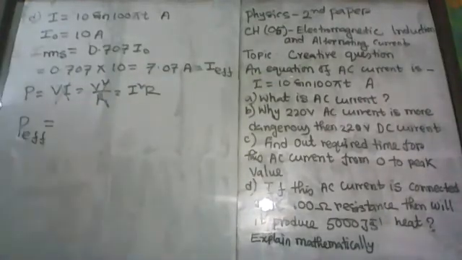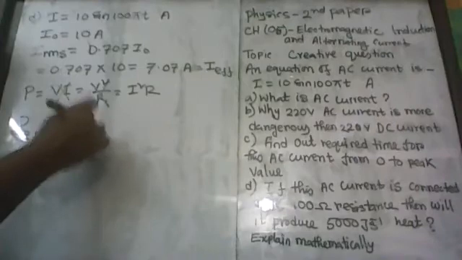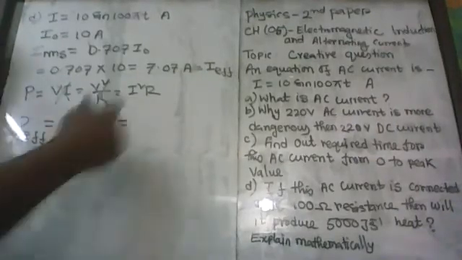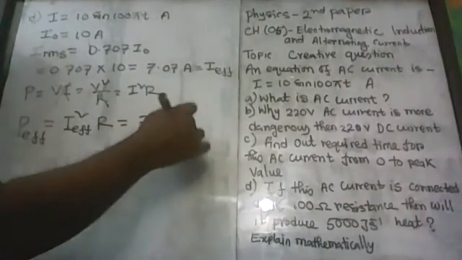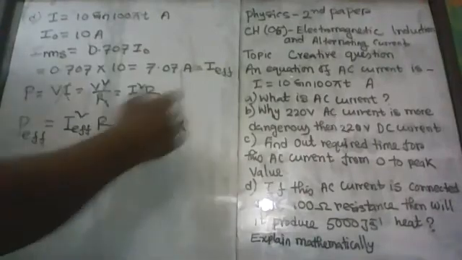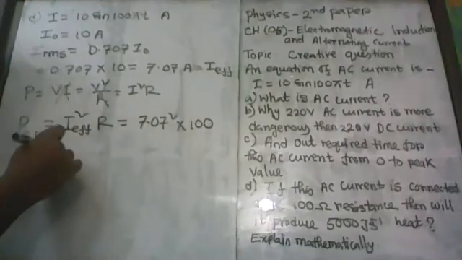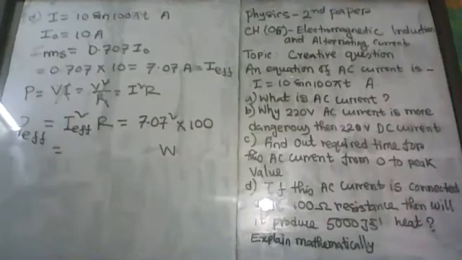So it will equal I effective square into R. Now current will equal 7.07 square, and what is the value of R? R will equal 100 ohm. Now, what is the value of total effective power from this given AC current?